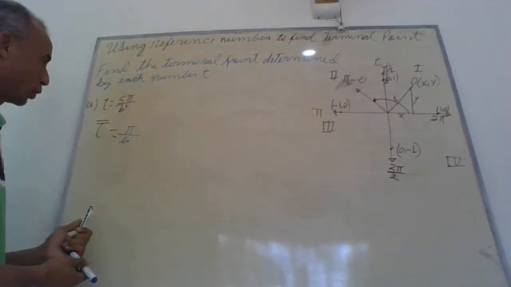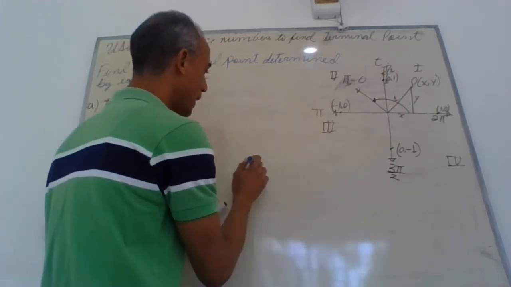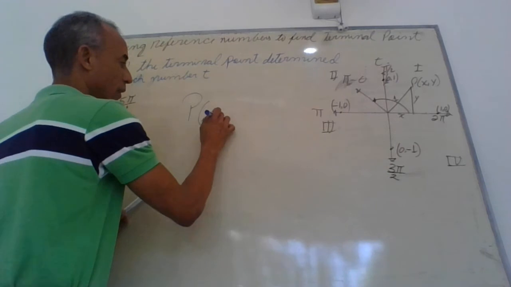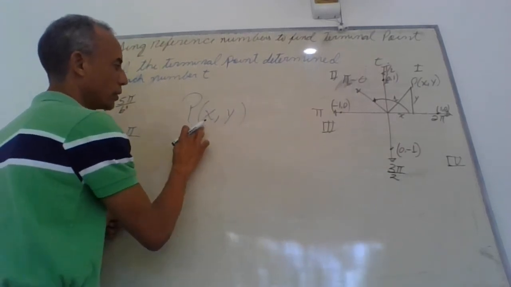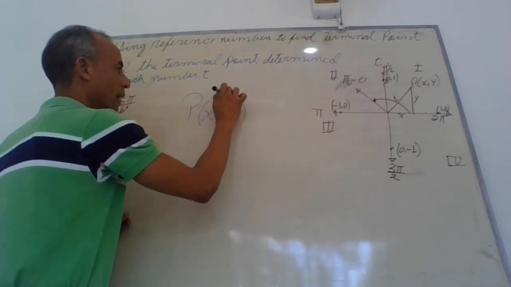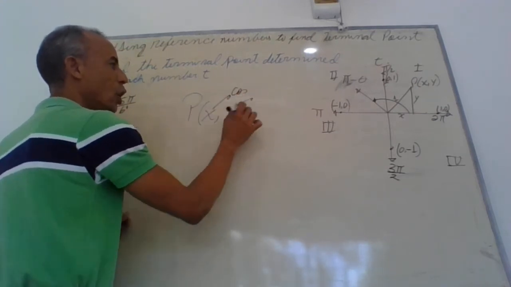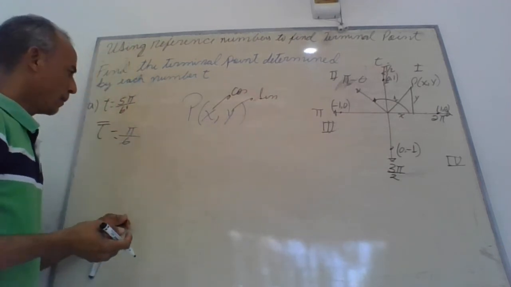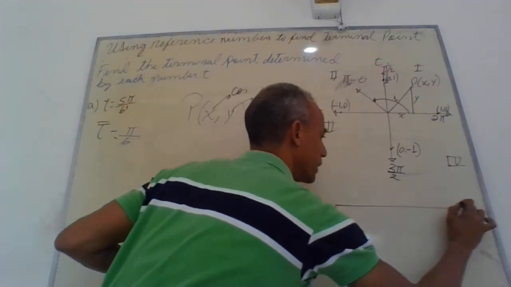How to get a terminal point? Well, remember I told you before, when we have the point x, y, when we are talking about x, we are going to find it using cosine of the angle, and when we have y, we are going to use sine of the angle. But how am I going to get this? I want you to remember this.